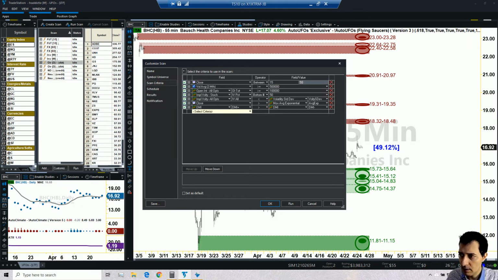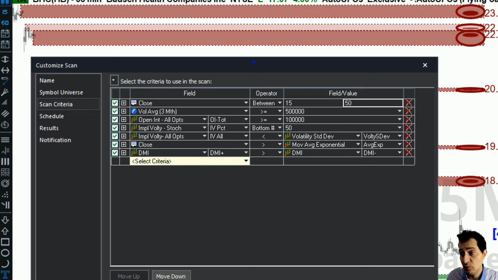Maybe that's going to be your rule, because out of experience, and this will need to come from experience, so you will need to practice this and see what the results are. From 15 to 50, you may find a great amount of trades where the price per contract is low enough so you can execute easily given the size of your account.